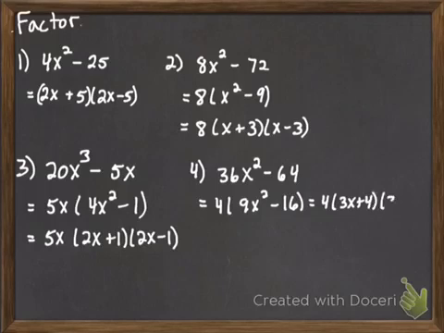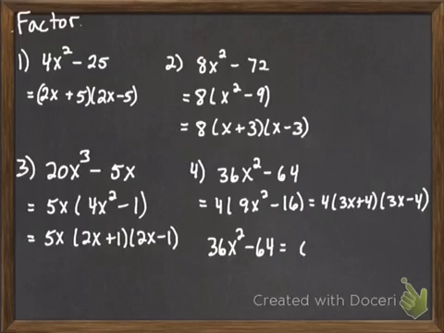and 3x minus 4. Now, unlike the problems that we had done a few moments ago, where we took out a common factor, this actually started as a difference of squares to begin with. So you could have done this problem by factoring it right off as a difference of squares.